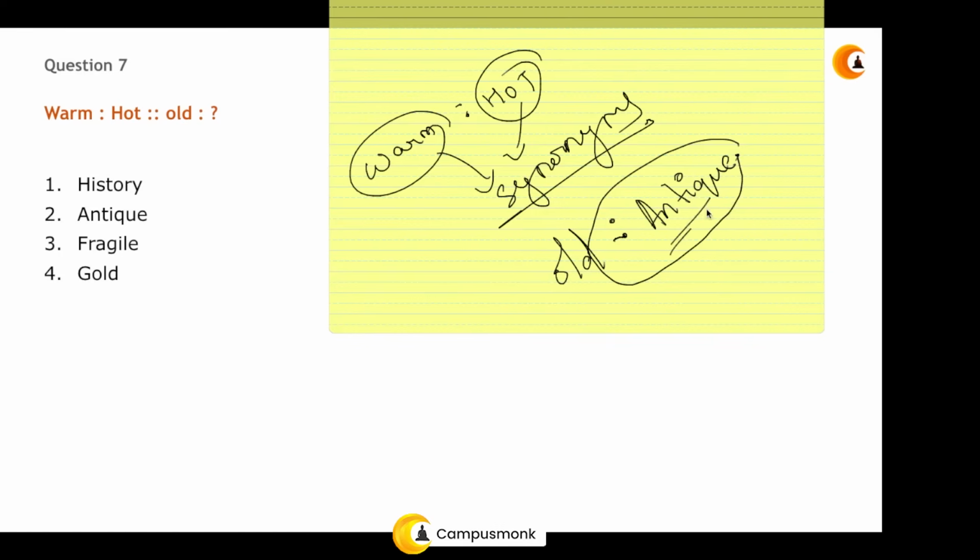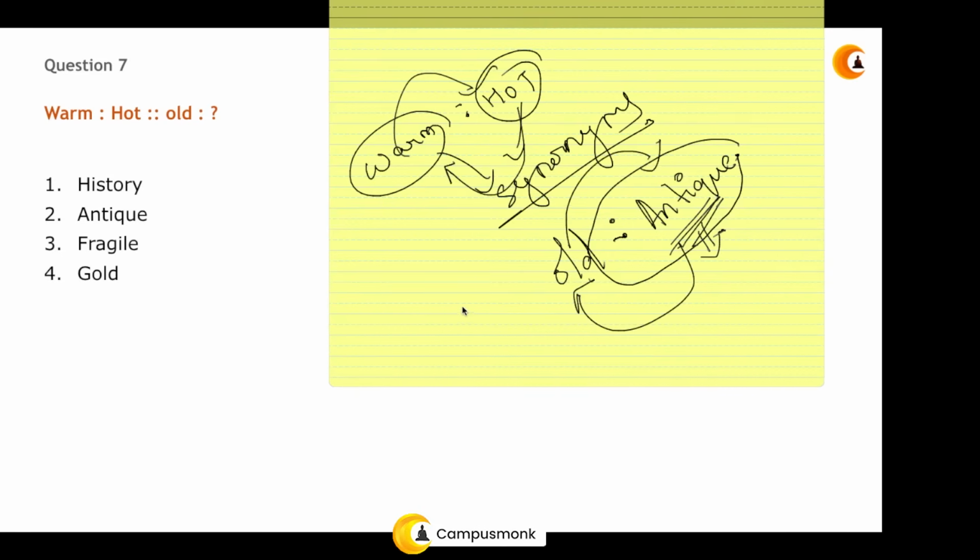What is this antique collection? Old collection, old things. Or the jeweler had different jewelry based on antique gold. What is this antique gold? Old gold designs. So that is what antique means. Antique means old, like hot means warm or warm means hot. Antique means old and old means antique. Alright, so your answer is in option number 2.